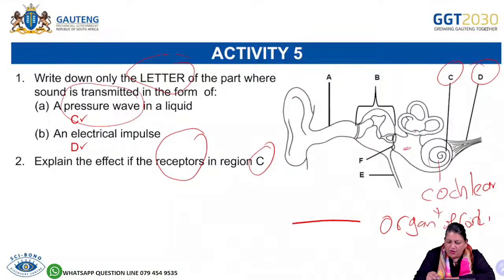And remember, Organ is a capital O and Corti is also a capital C. So write down now here, they want to know, explain the effect if the receptors in region C, that means the organ of Corti, are damaged.